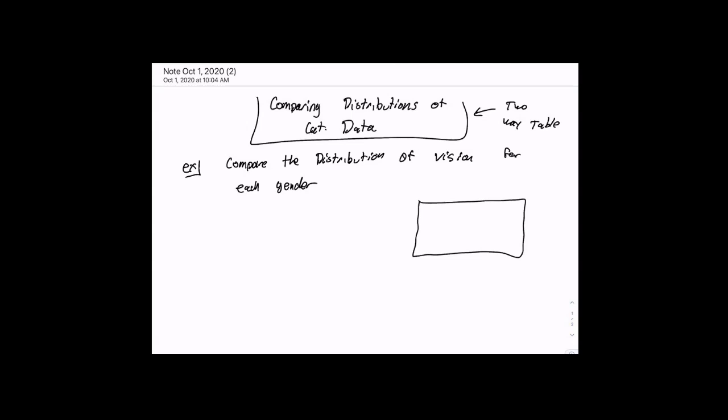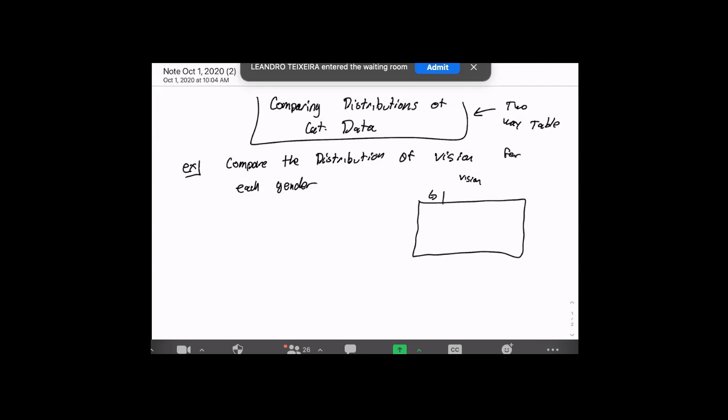I might need your help. So we had, what do we have, female or male on top? We had female on top, or we had vision here, and we had glasses, contacts, neither, and what was on the top left?